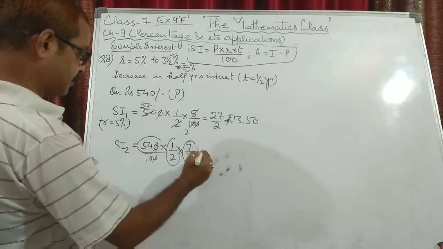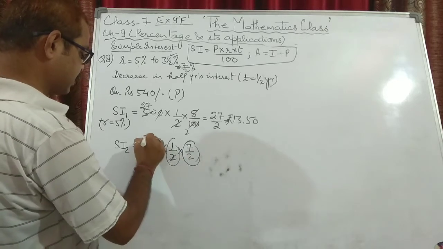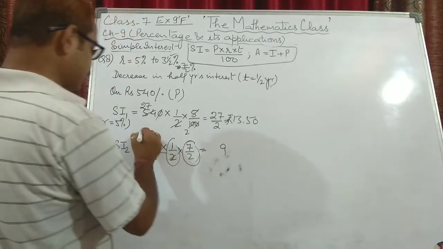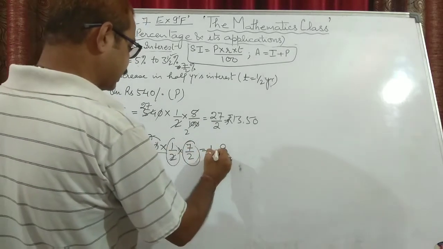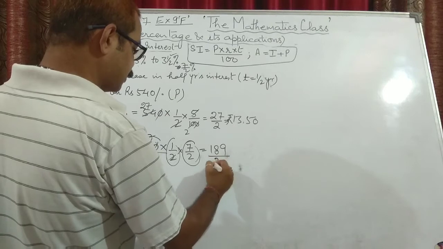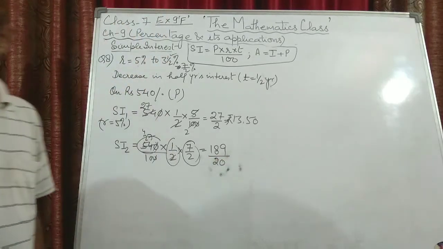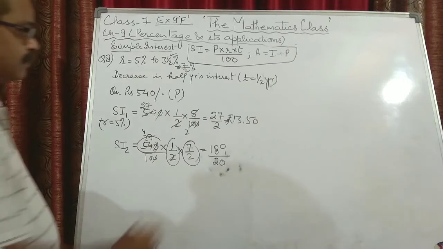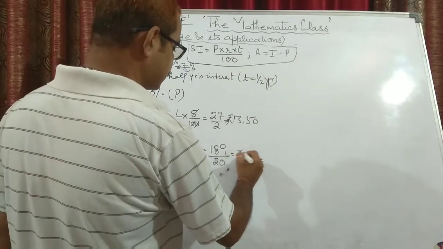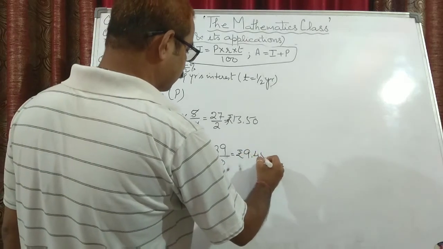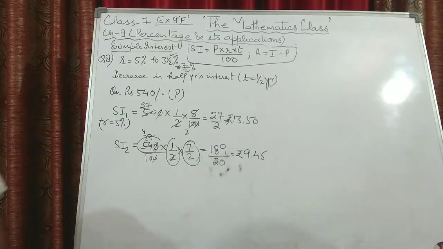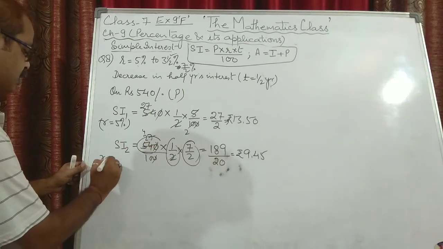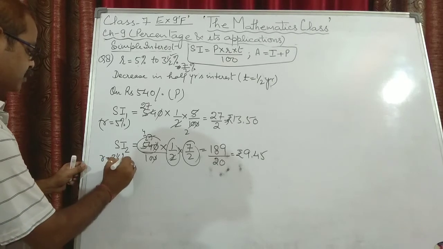Now 54, 2, 27 is 54. Now 7 7s are 49, 4, 7 to the 14 and 4 18. 189 upon 20. We will divide 189 by 20 and that will be coming as rupees 9.45. This is the interest when the rate was 3 whole 1 upon 2%.